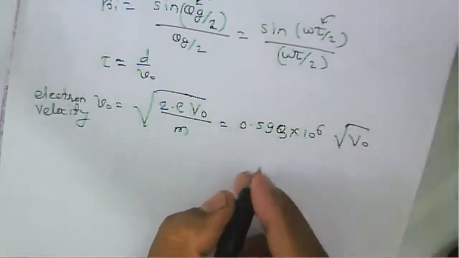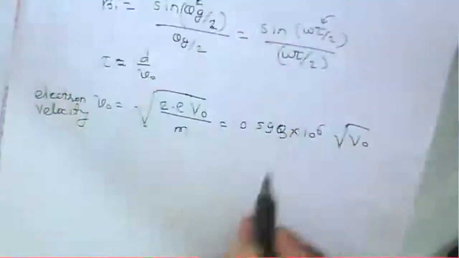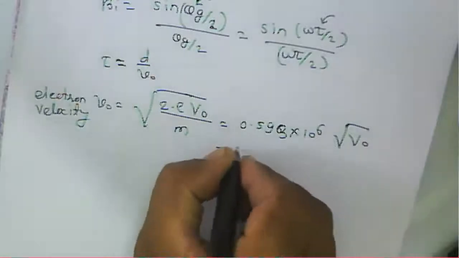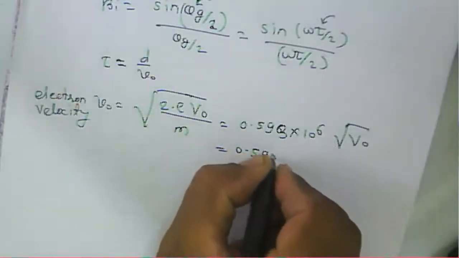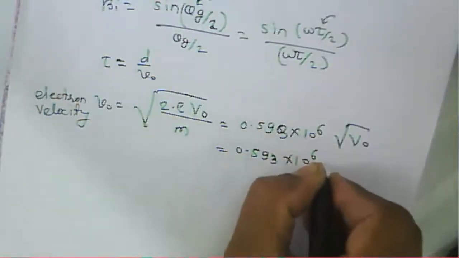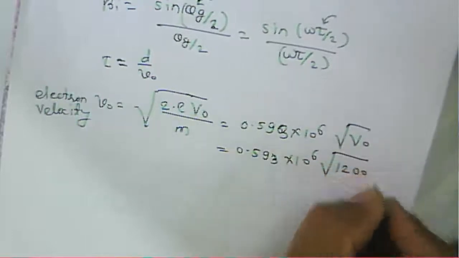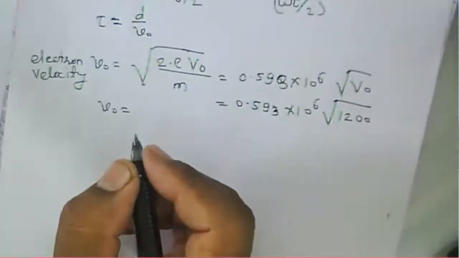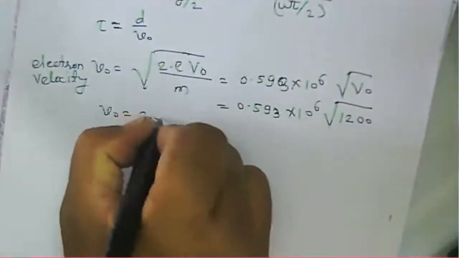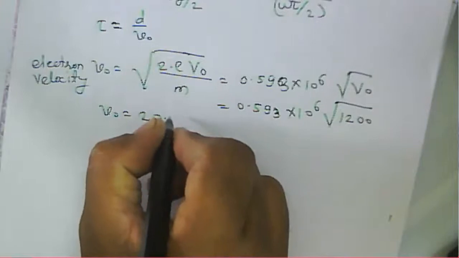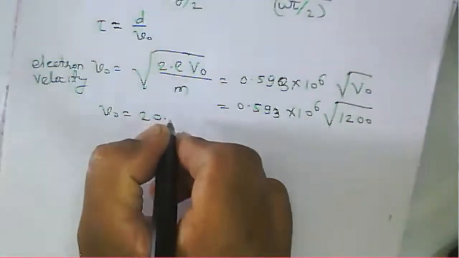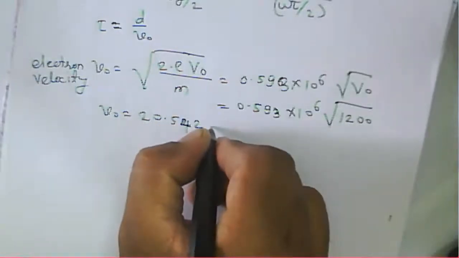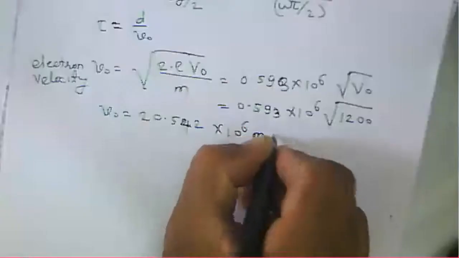Put the value of V0 here: 1.2 kV is given, meaning 1200. So 5.93 into 10 to the power 6 times the square root of 1200. We will get the electron velocity v0 equal to 20.542 into 10 to the power 6 meter per second.